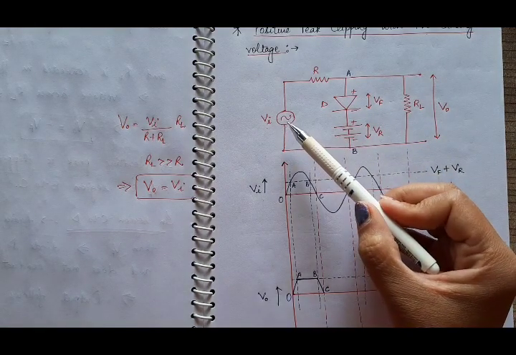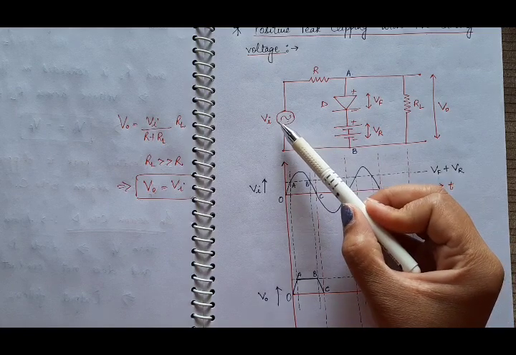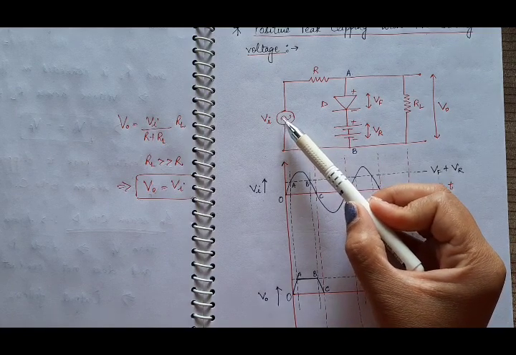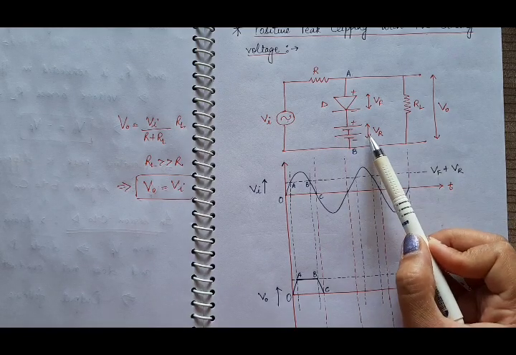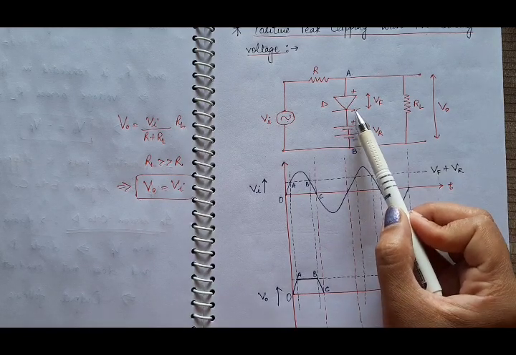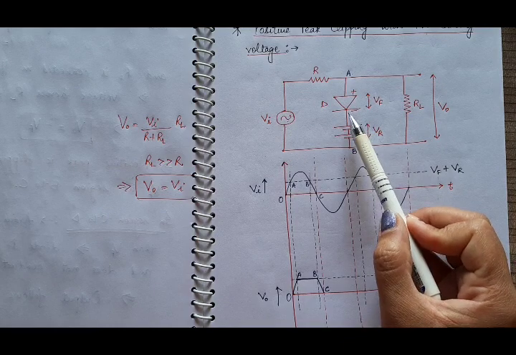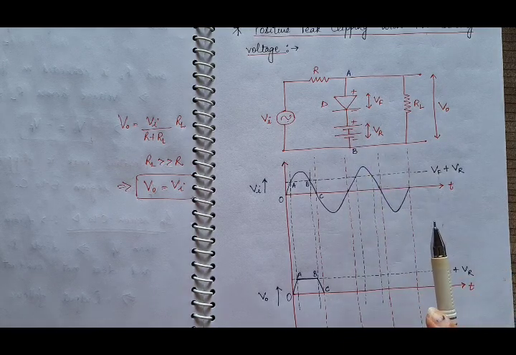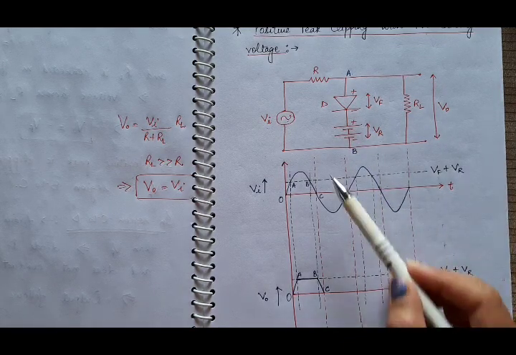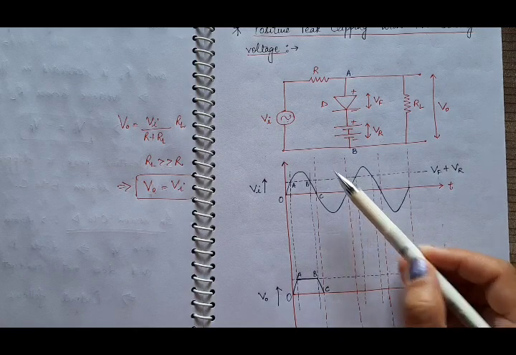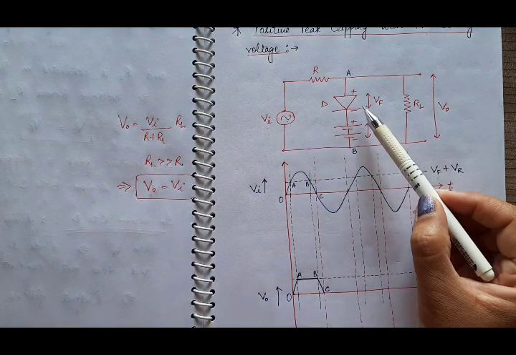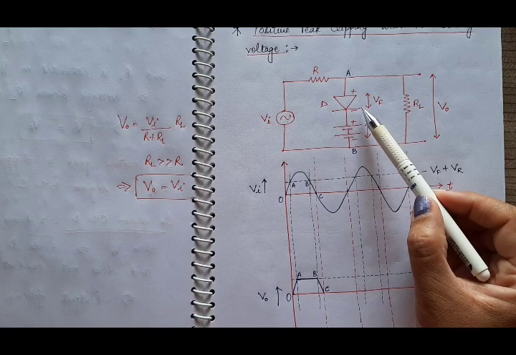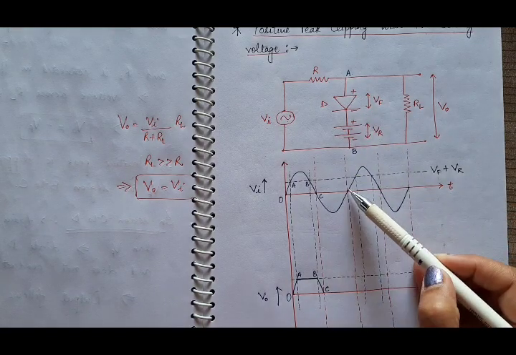During the whole negative half cycle, this Vi, because it will be negative, will reverse bias the diode. And this Vr, as its positive is connected to N of the diode, will also reverse bias the diode. So during the whole negative half cycle of AC input, both Vi and Vr reverse bias the diode D. So it will remain reverse biased during this whole negative half cycle.